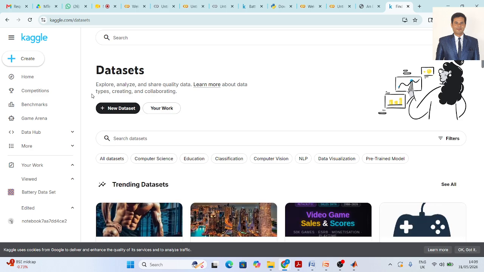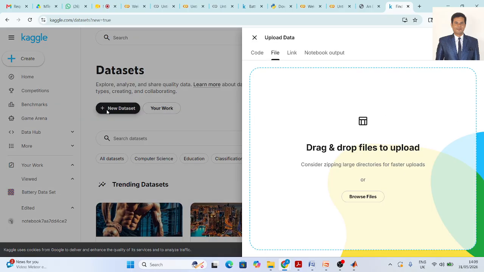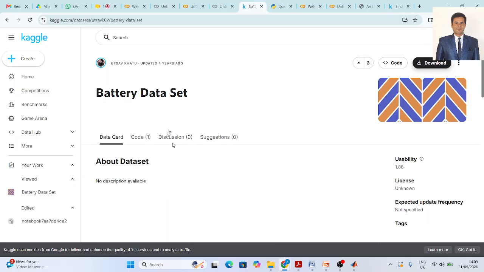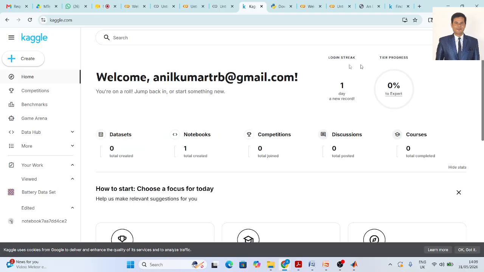Okay, so you have to create your accounts. We'll go to the new datasets. If you have data, you can upload it. Okay, or else you can go for collecting new data, right? So I have already the battery data sets, right? I will try to download my battery data sets.